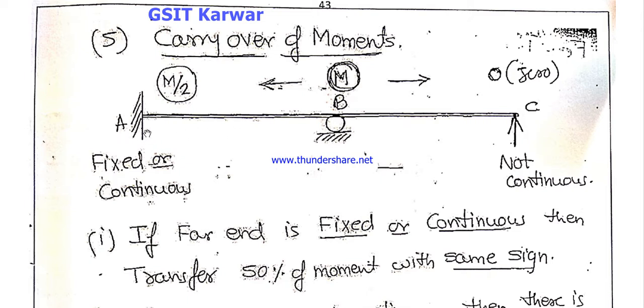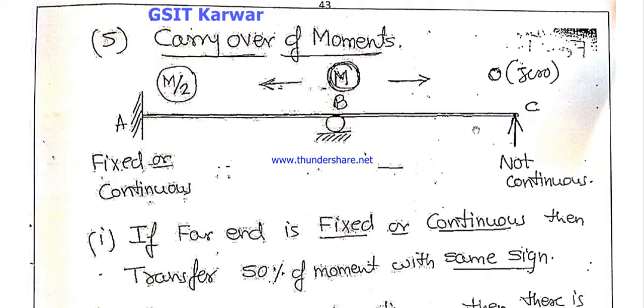According to the support condition, if the support is fixed, then the moment carried will be half of the moment at B. Okay, that means M by 2.